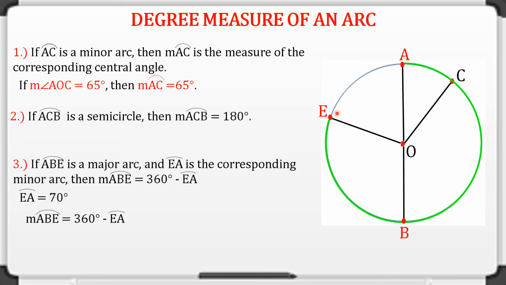Just subtract. So 360 degrees minus 70 degrees, and the measure of our major arc, that is ABE, is equal to 290 degrees. As you see, major arc is greater than 180 degrees, while semicircle is exactly 180 degrees, and minor arc is less than 180 degrees.